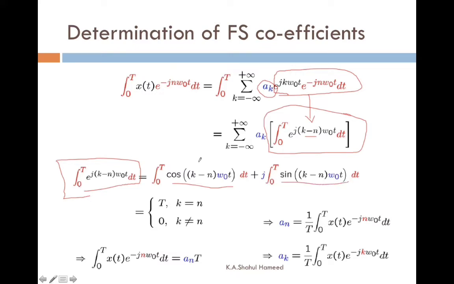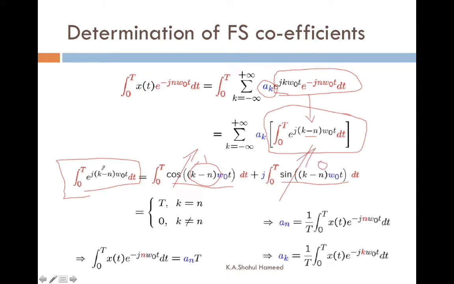When we substitute k equal to n in this equation, we will get cos 0, and at the same time sin 0. So cos 0 is 1. When k is equal to n, this term will become 1, and at the same time this sine term will become 0.